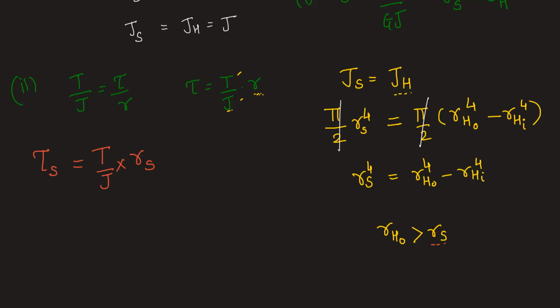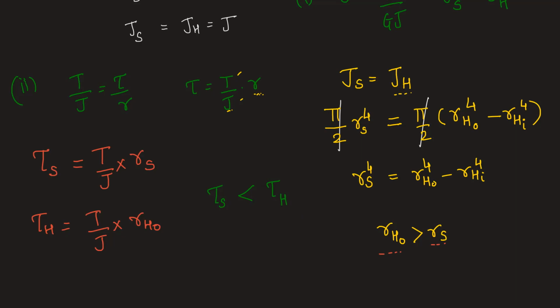For the hollow shaft, however, T by J into, although it's a hollow shaft, the fiber farthest from the center is at the outer radius itself. Hence this will be RHO. Clearly from these two equations, because RS is less than RHO, shear stress in the solid shaft is less than shear stress in the hollow shaft, both being the maximum shear stress in both conditions.